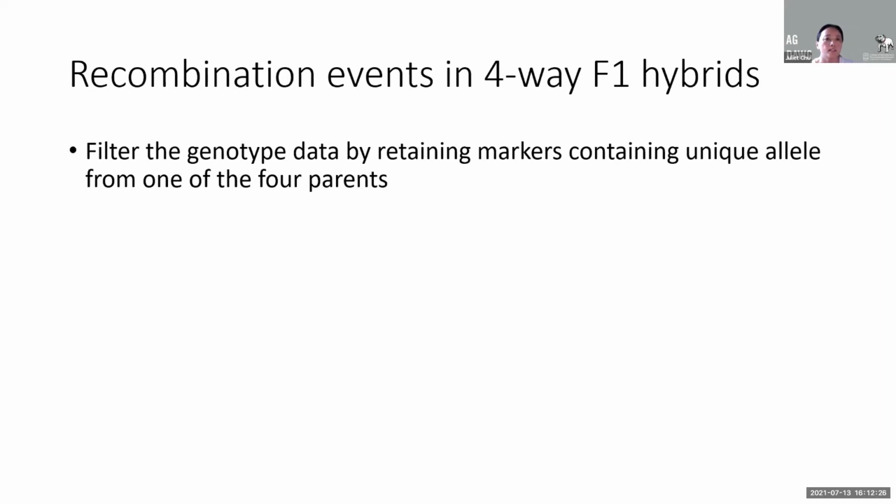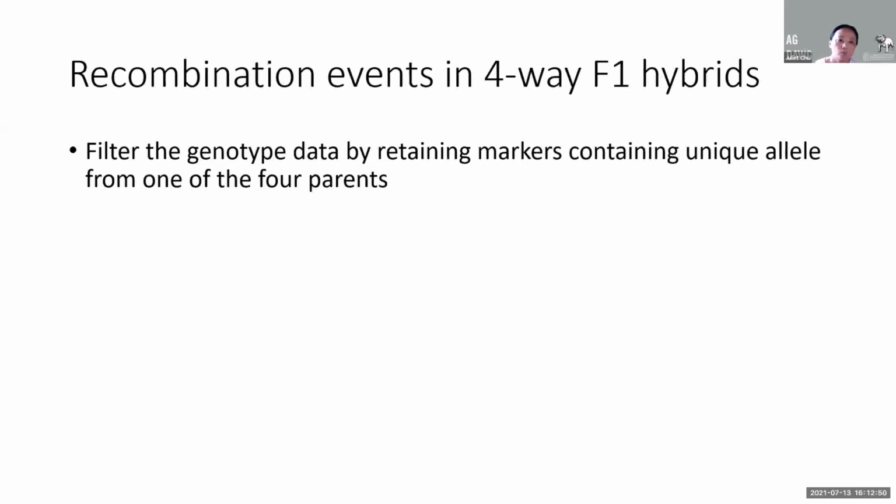The next thing we studied: as I said, the whole concept of constructing the MAGIC is to introduce a high rate of recombination among the lines to provide the genetic basis for high-resolution genetic mapping. So we are interested in recombination rate, and we took a pilot study to look at the recombination events in the four-way F1 hybrids.